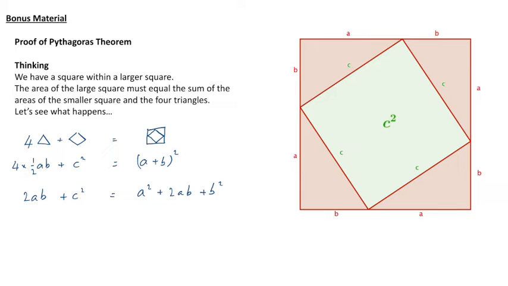If you're unsure about that, then have a go at writing the brackets (A plus B)(A plus B), and then multiplying all four terms using FOIL or some other technique, and you'll find that it does come to A squared plus 2AB plus B squared. And then you'll notice we have 2AB on both sides, so we can subtract that from both sides, and that leaves us with C squared equals A squared plus B squared. And that proves Pythagoras' theorem.